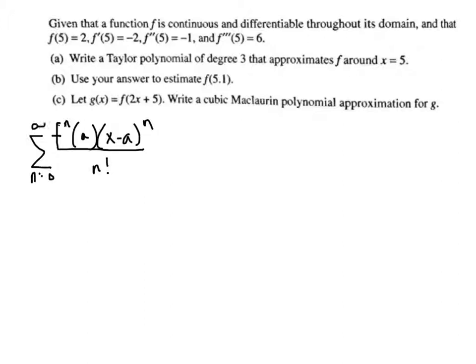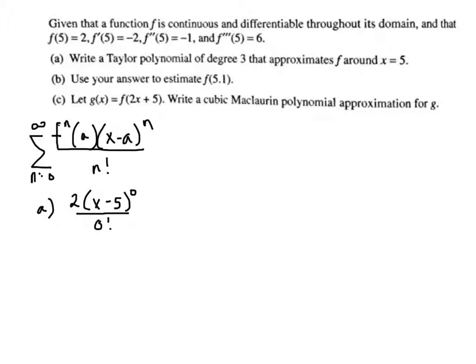Okay, so for part A, for example, we know the 0th derivative. That just means the function. So we've got 2, and then we've got x minus 5 to the 0 power all over 0 factorial. I'm going to go by the formula here, but I'll clean it up at the end.